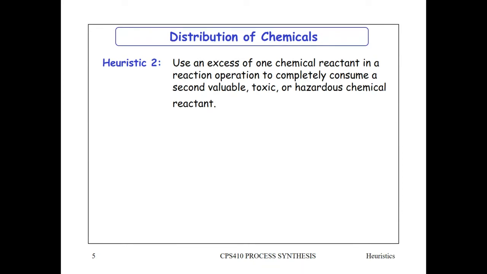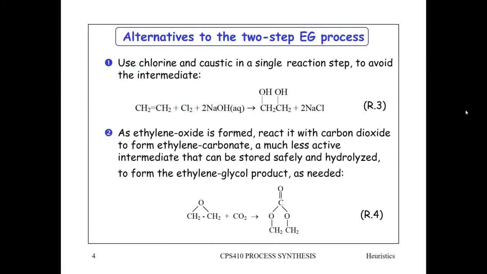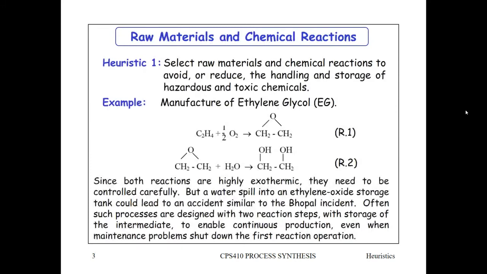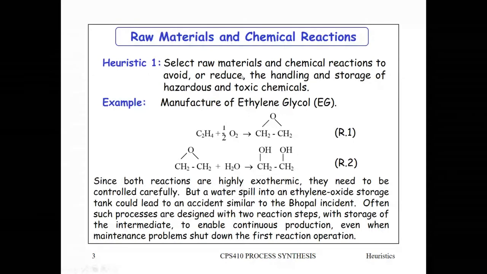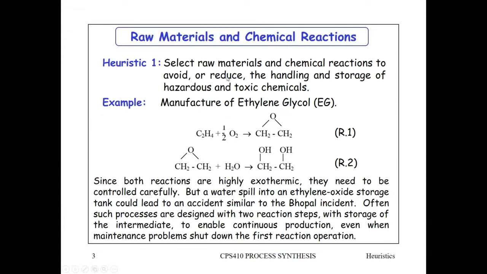So if you can avoid it, I think the heuristic says, let's just see if I can go back. Oh, I see you can't see this thing that I'm showing at the moment. I'm showing the original. So, to avoid or reduce the handling and storage. In the case of vinyl chloride monomer, we reduced it by removing it as quickly as possible. We reduce the handling.